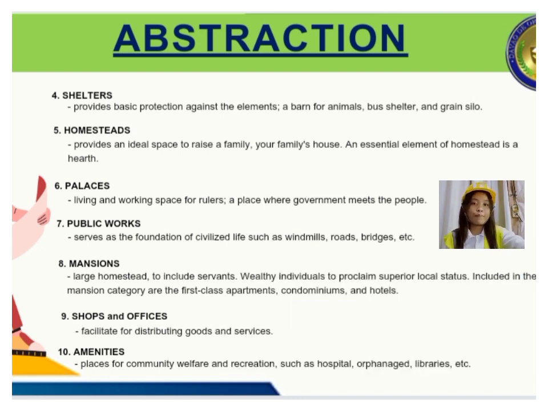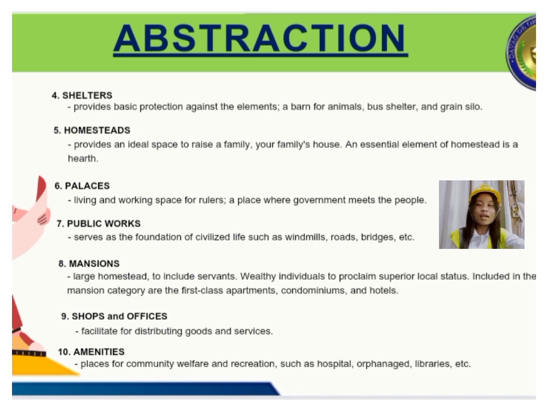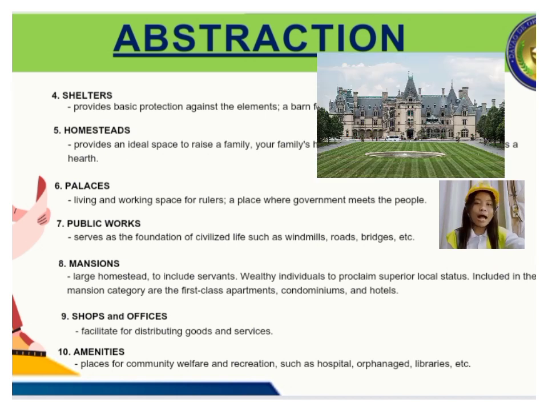Next, we have the public works. Public works serve as the foundation of civilized life. Examples of these public works are windmills, roads, bridges, waterworks, railroads and subways, airports, and terminals. Eighth, we have the mansion.